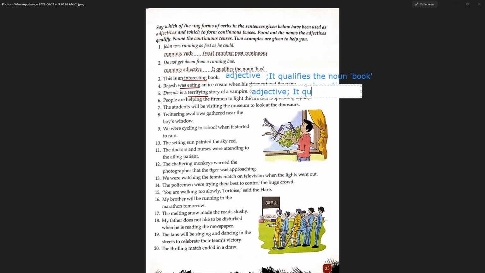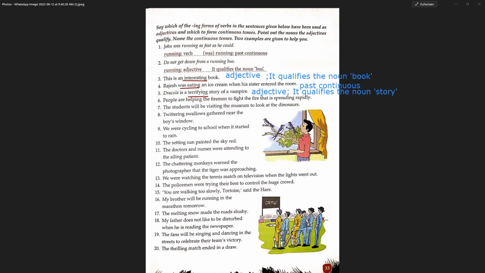It qualifies what? It qualifies the noun story. Exactly. Noun, story. Right. Okay.